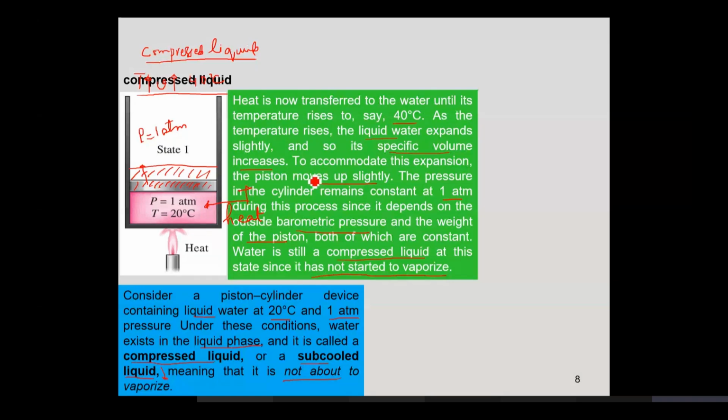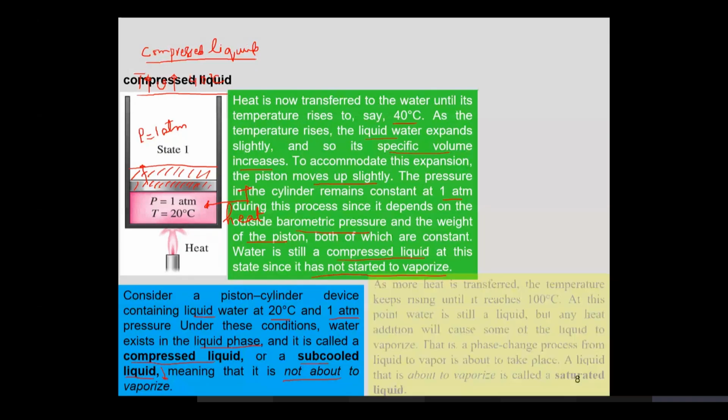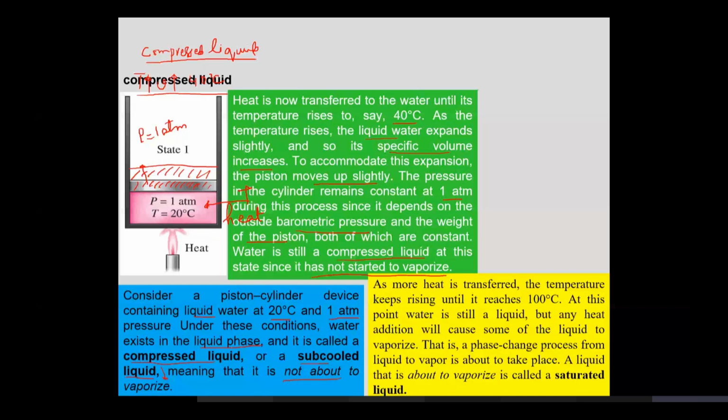But let's say I increase the temperature to 100 degrees centigrade. I'm adding more heat to the system so that the temperature keeps rising until it reaches 100 degrees centigrade. At this point, the pressure is obviously the same because you have not added any extra pressure on the piston. At this point, water is still a liquid, but any further addition of heat would result in what?